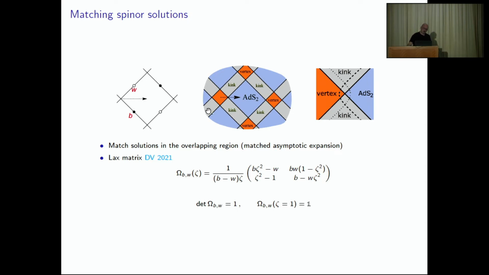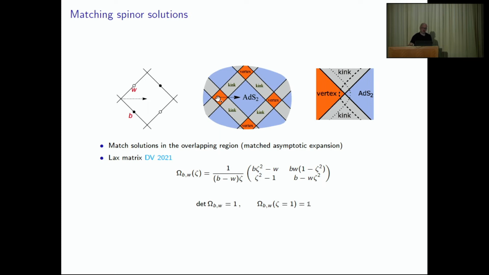Okay, so it turns out that you have to connect it to another spinor solution, which is valid in the vertex region. I blew up this dot here, which is now this orange region. That's the kink. That's the vertex region where the embedding function does not change, but the normal vector changes. Okay, so you can also solve a similar equation here.